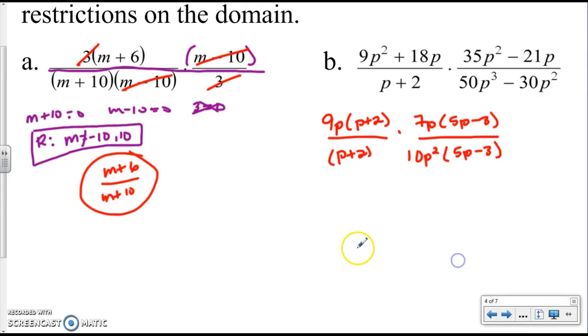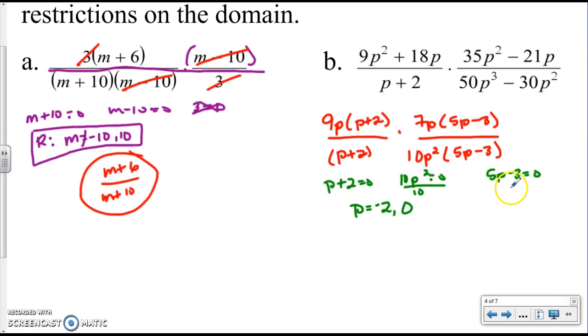We're going to find our restrictions, so anything that's in the bottom will impact our restrictions. So p plus 2 equals 0, 10p squared equals 0, and 5p minus 3 equals 0. First one, when I solve, I subtract 2 from both sides, so I get negative 2. Second one, I'm going to divide and then take the square root. So if I divide, I get 0.